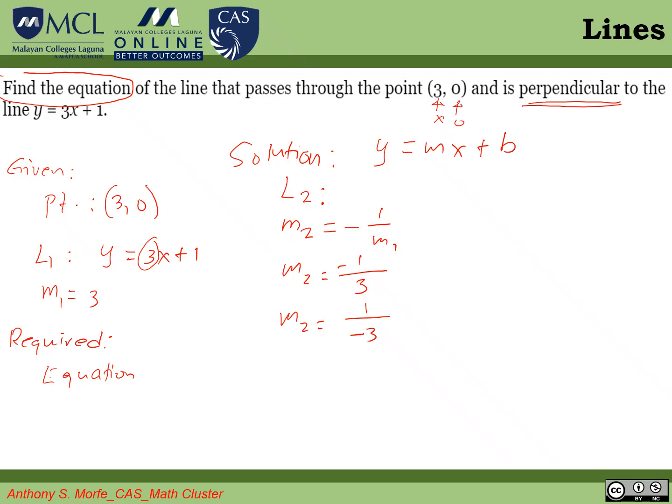So the equation is y equal to mx plus b, where m is equal to m2. Substitute: our y is 0, so 0 equals m2, and our m2 is minus 1/3.